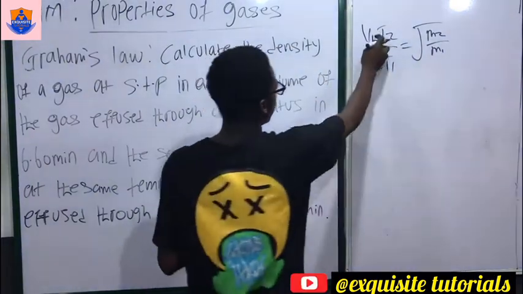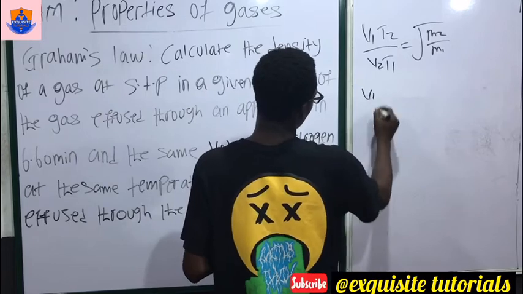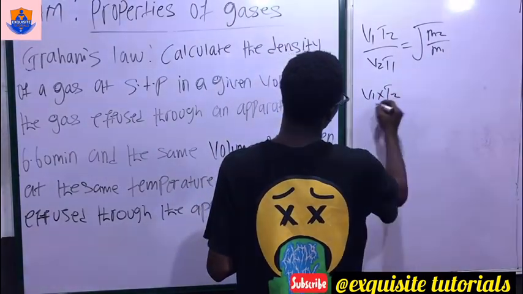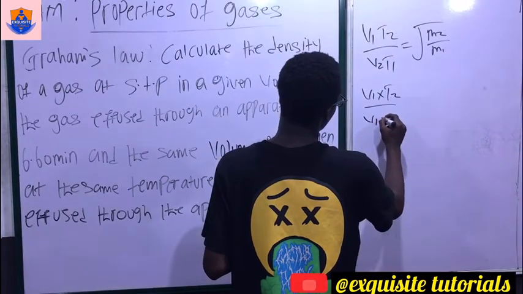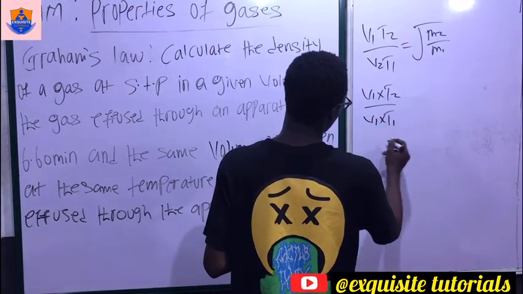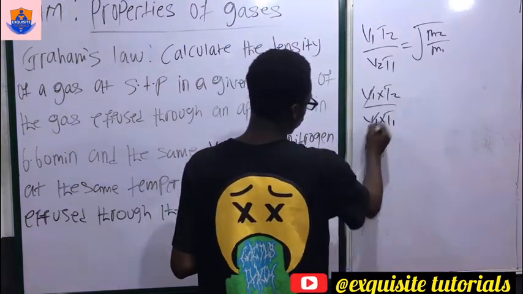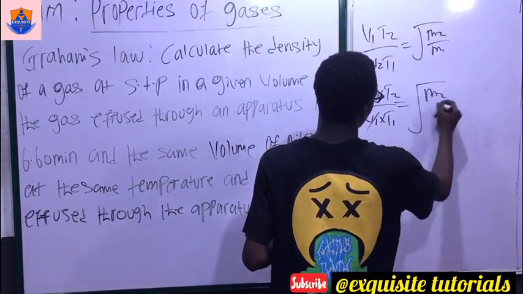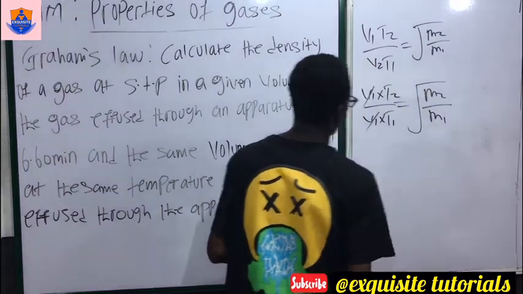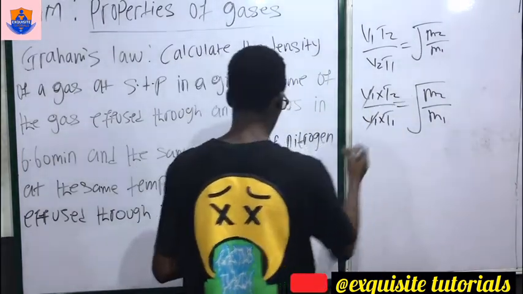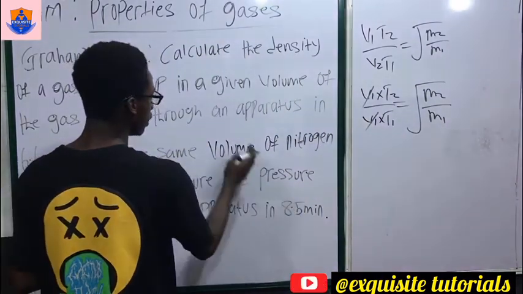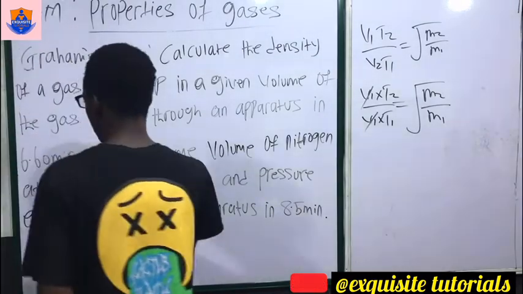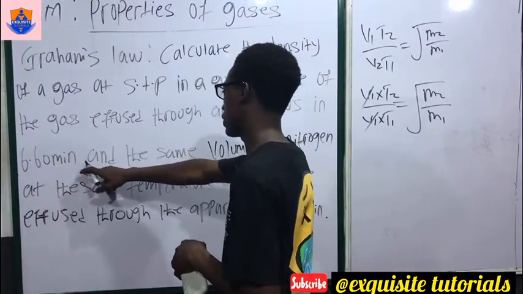Now our volume is equal, so we have V1 times T2 over V1 times T1. Since they are equal, this can cancel out. Now our T2 was given to be, this is the first term, 6.60 minutes.